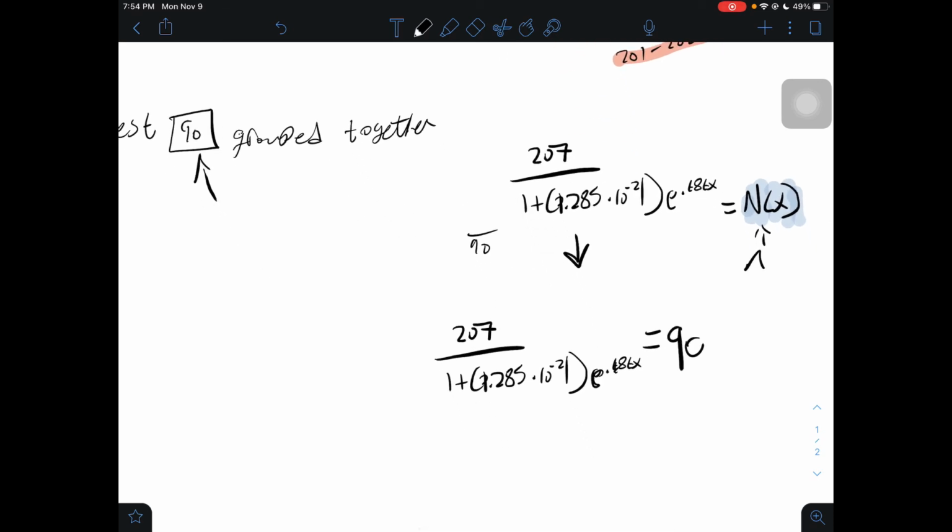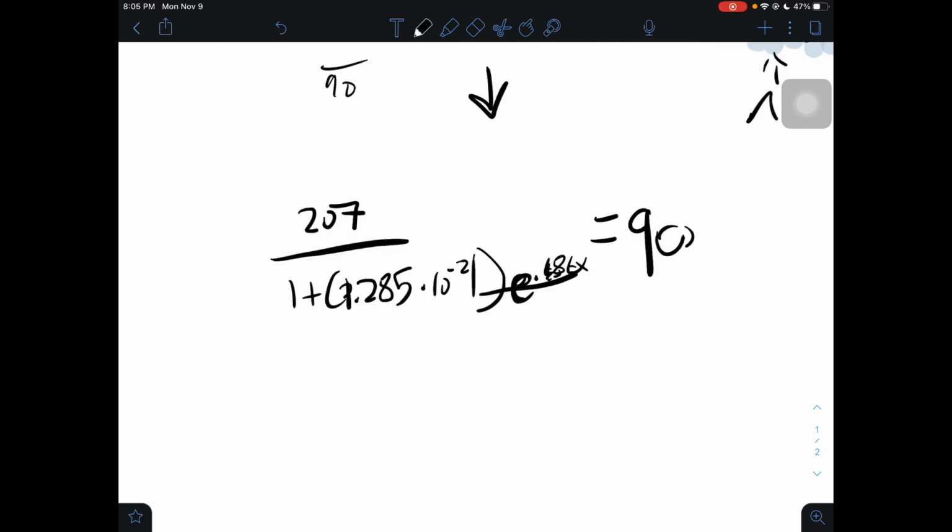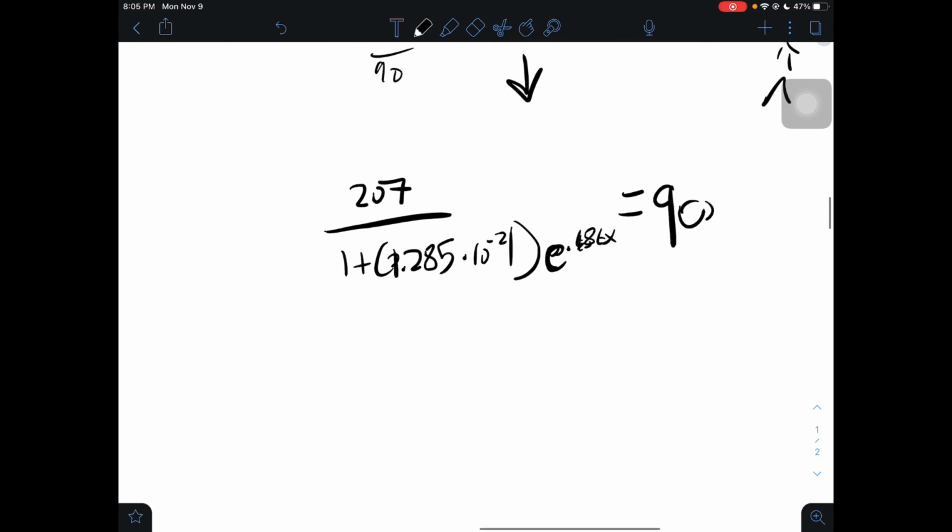So we have 207 over 1 plus 1.285 times 10 to the negative 21st, e to the power of 0.686 x. Now we are going to be multiplying both sides by 1 plus parentheses 1.285 times 10 to the power of negative 21st parentheses e to the power of 0.686 x equals 90.